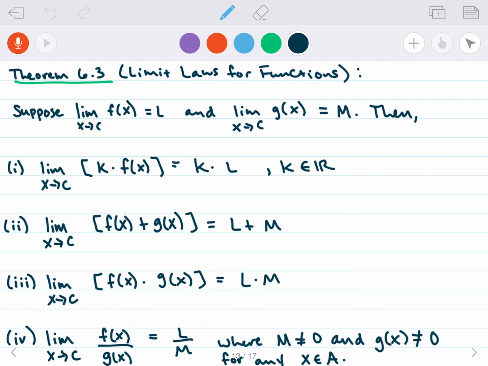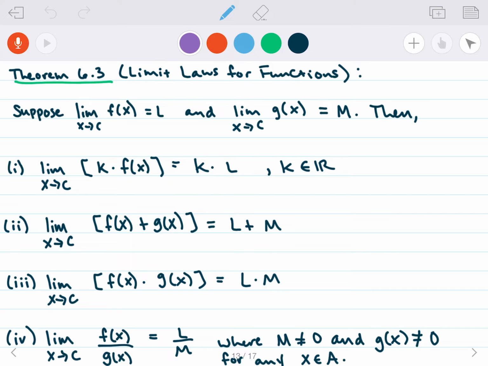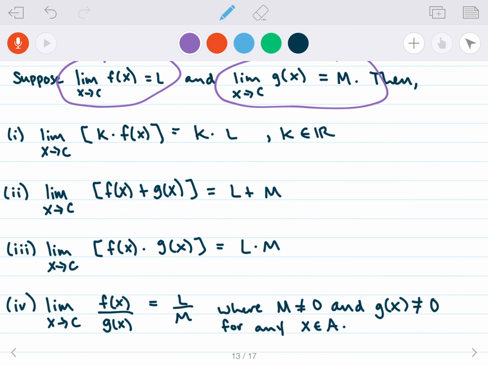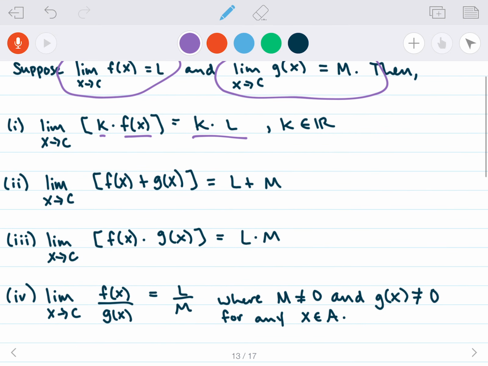Okay, so we're not going to justify this, but basically it's everything you think will be true if you have the limit of some function as x approaches c equaling L, and the limit of another function equaling M as x approaches c, then these limit laws hold. So if you have a scalar multiple, you're multiplying it by f of x and then taking the limit. That's the same thing as multiplying the scalar by the limit, and so forth. When you take the limit of sums, you just add those limits.